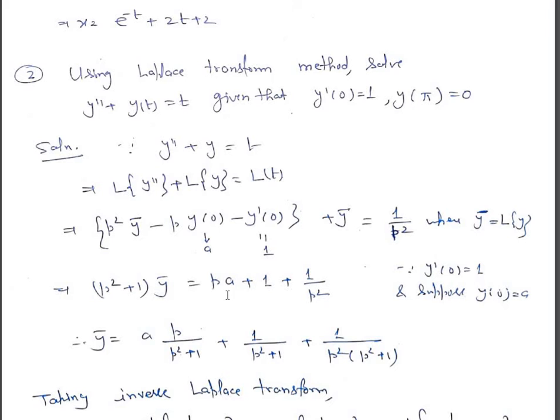Take these terms on the other side, is equal to p into a plus 1 upon p square. So therefore y bar is equal to a into p upon p square plus 1, plus 1 upon p square plus 1, plus 1 upon p square into p square plus 1.